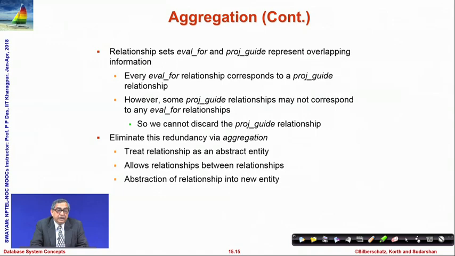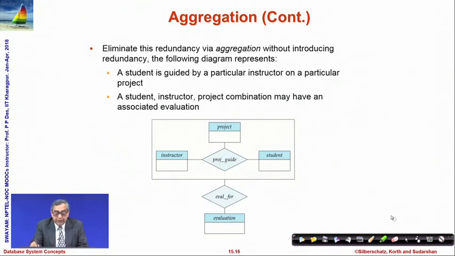So, you conceive that project guide relationship itself as if it is a virtual entity, an abstract entity, and then you allow the relationship between the project guide and the eval for relationship, which relates to the evaluation entity set. I will just show you in the diagram. So, this is how it will now work out to be.